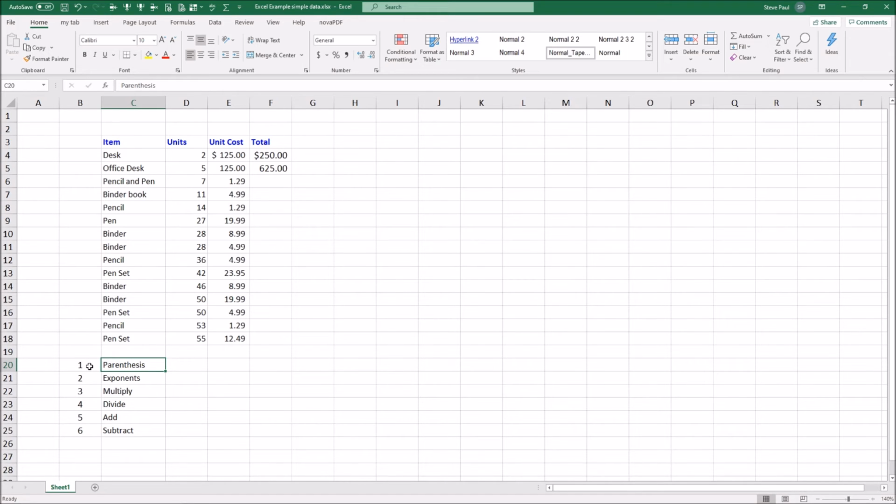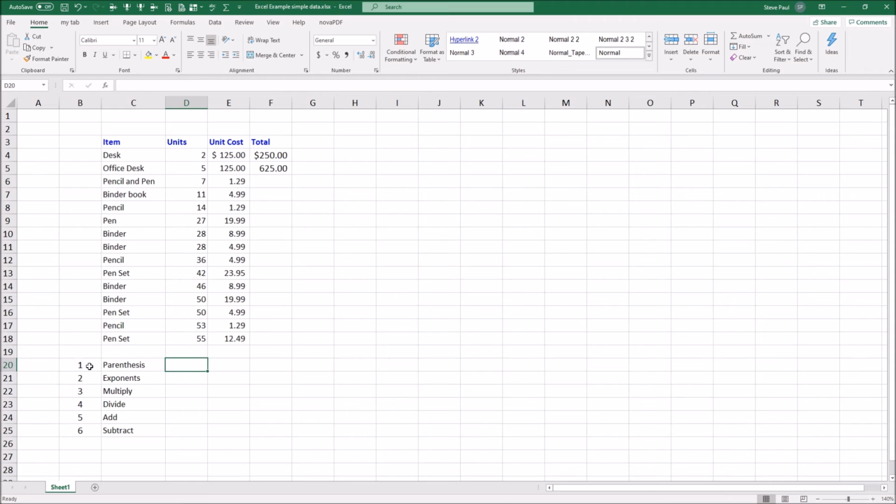And when Excel wants to do a formula, this is the priority that it uses. If there's parentheses, it does that calculation first, then an exponent second, then multiply third, divide fourth, add fifth, and subtract is the last.